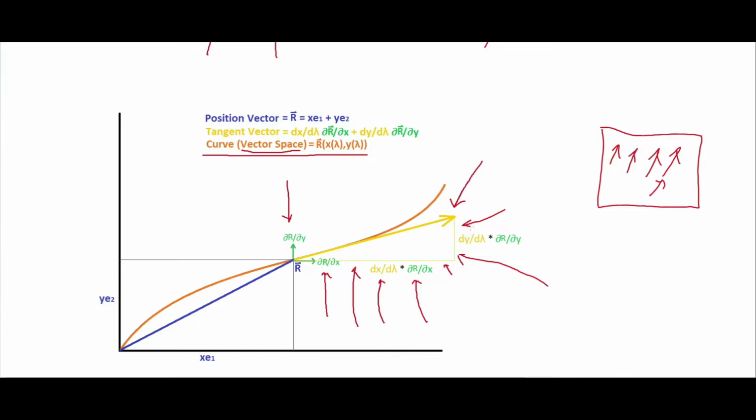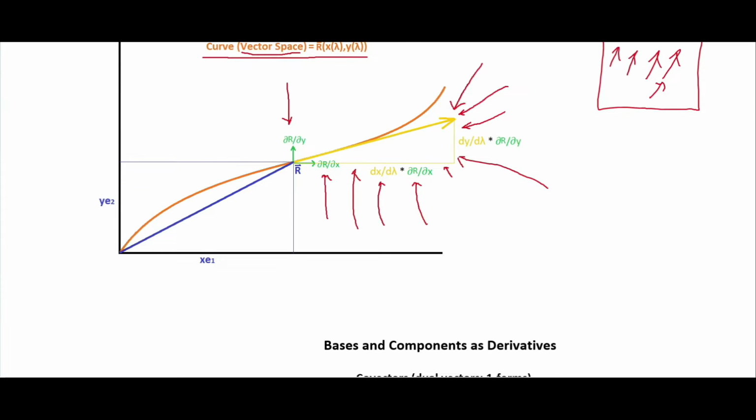And so that's how we can think of derivatives as vectors, or at least the components and bases of vectors. And then obviously this right here, which is our tangent vector, is essentially what generates this entire line here in the darker orange. All right, so that's fairly straightforward.